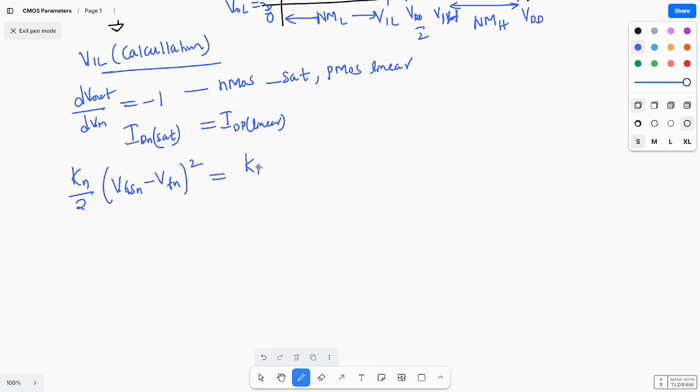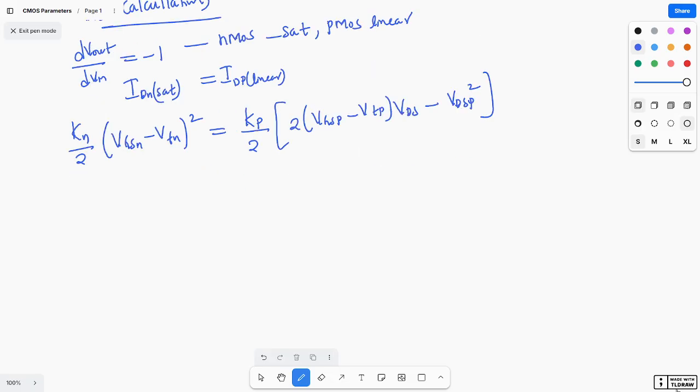For the linear region, take Kp by 2 times [2(VGSP minus VTP)VDSP minus VDSP whole square]. Here, in the last class we already saw what VGSN is.